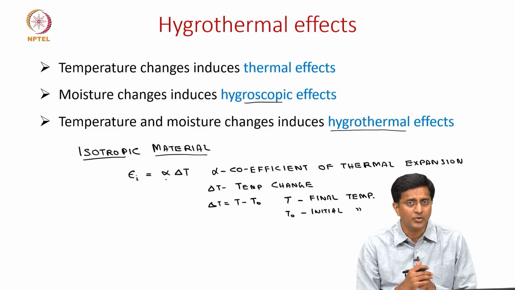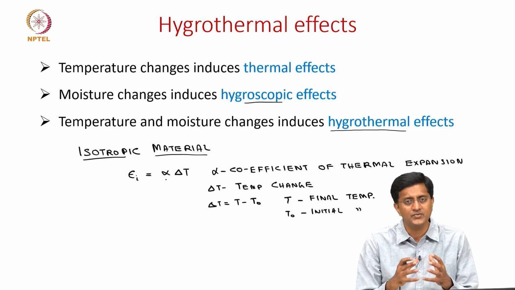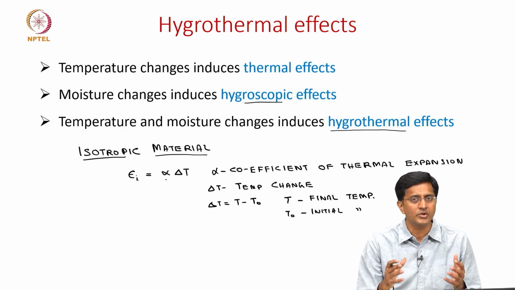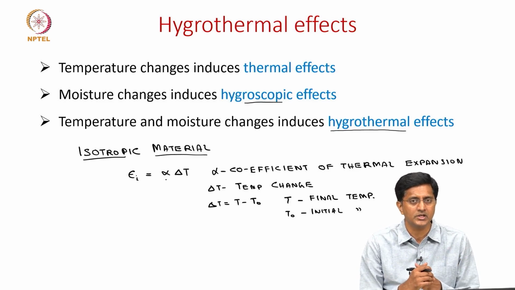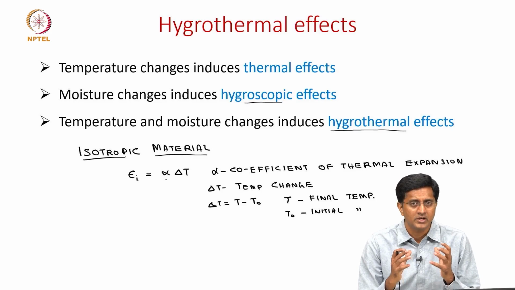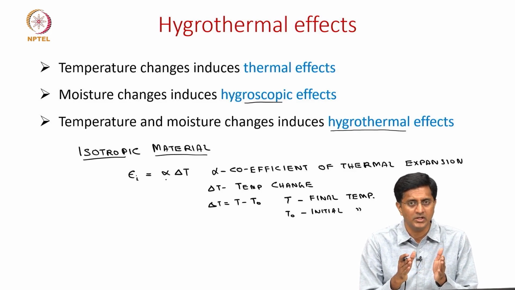But another important point is what happens when there is a temperature change. Do we see only the normal strains or do we expect to see the shear strains? The answer is we only expect the normal strains to change, meaning strains in the x, y, and z directions will be increasing.